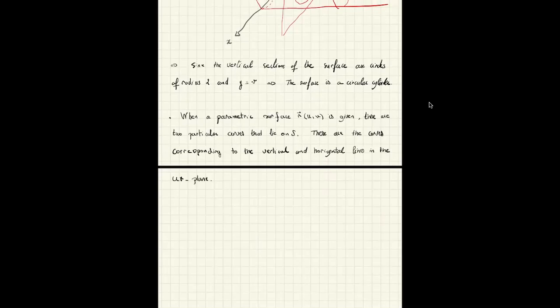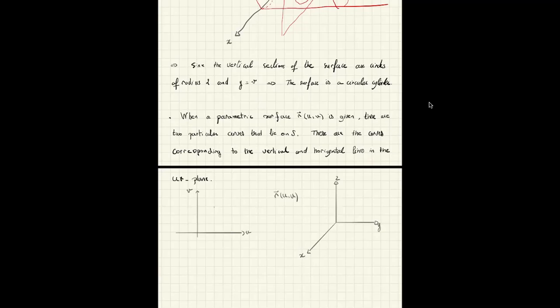Okay? Because you have the uv plane, and then you have the 3D space. Okay? Now what r(u,v) does is it takes a point and gives you a point in R3.